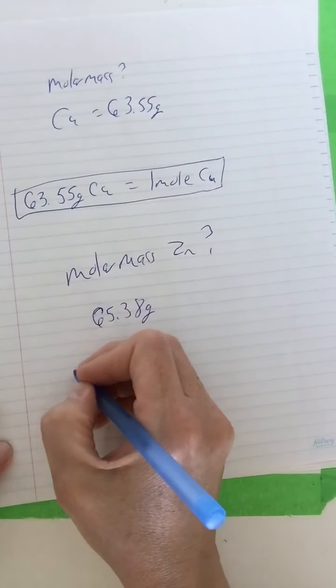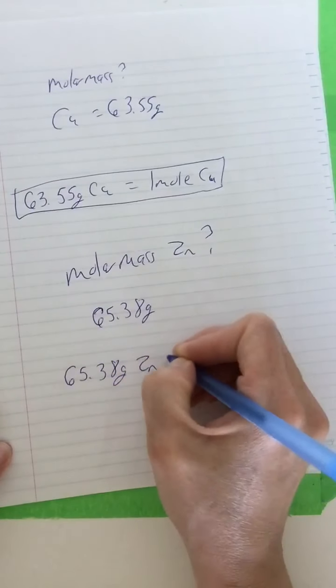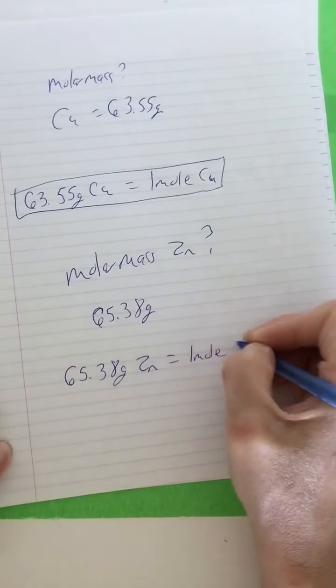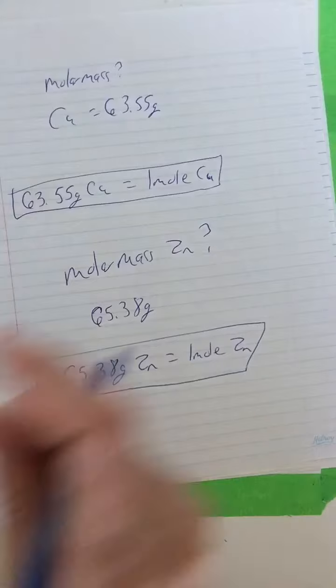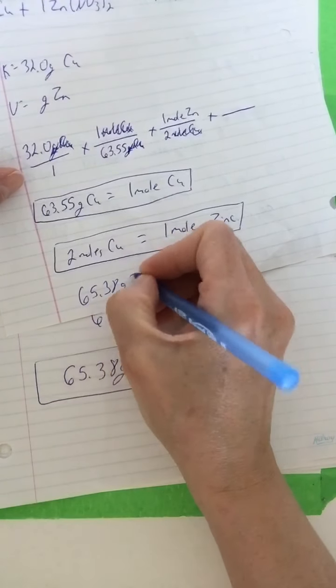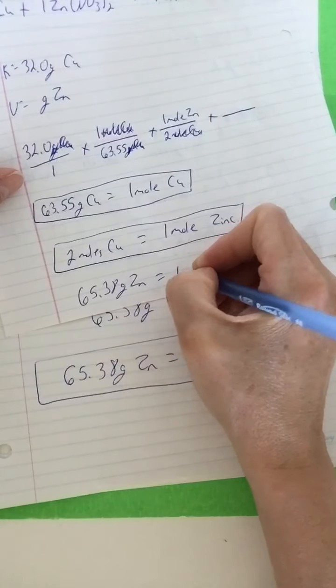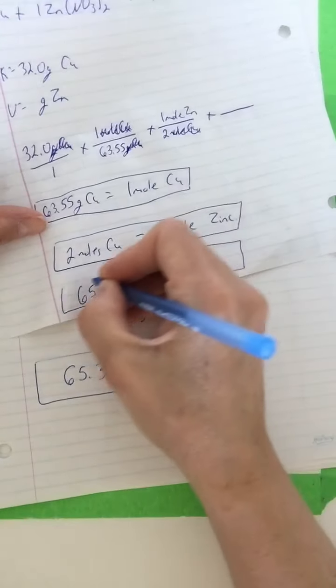So that means I get to say 65.38 grams of zinc is equal to 1 mole of zinc. I get to say that. Okay, so right here, 65.38 grams of zinc is equal to 1 mole of zinc. That's a conversion factor I get to use.